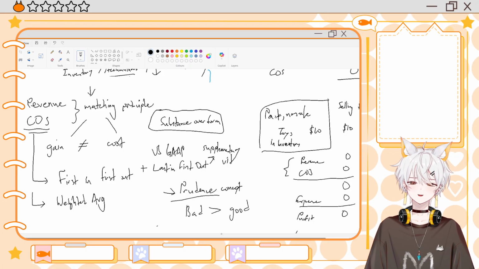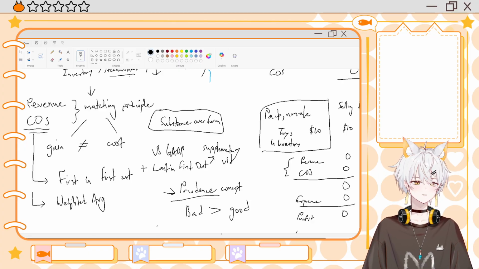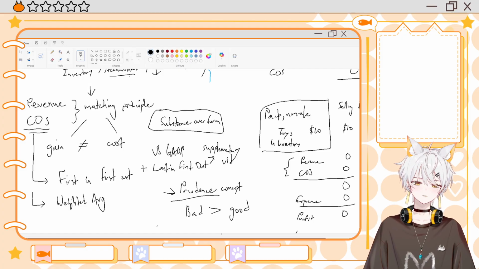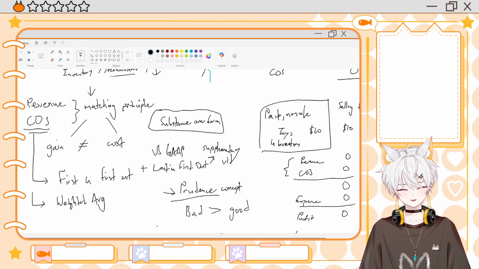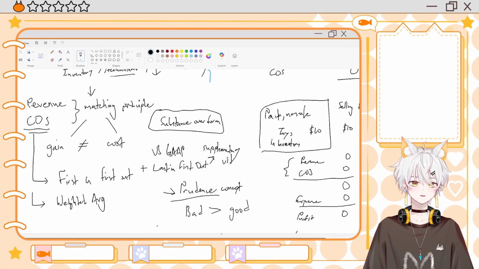I see this more as a blind leading the blind, a less blind leading the blind kind of situation. But going through all the accounting training that I did before, this was how I understood it.